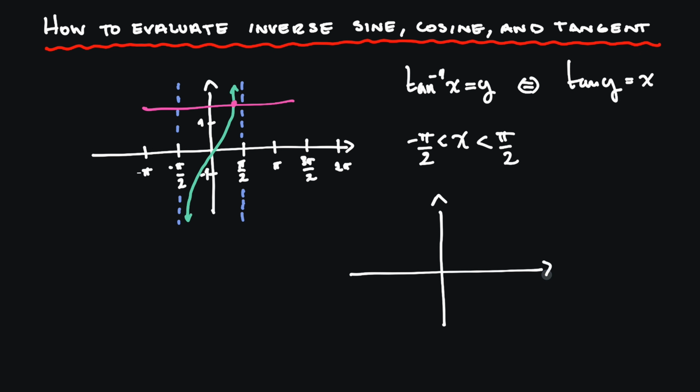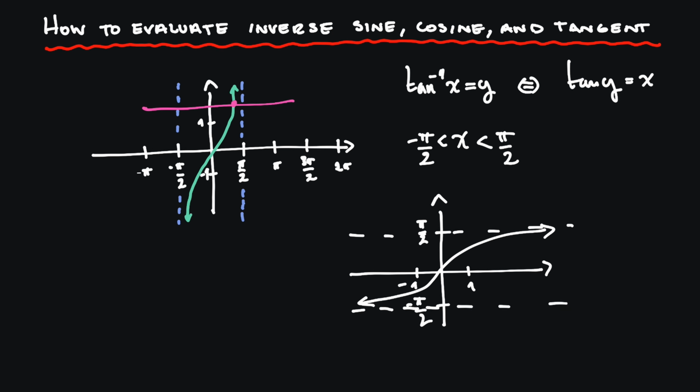Now, if you imagine the graph of the inverse, we're going to explain this further in another video. But if you imagine the graph of the inverse, then we will have pi over 2 here. We will have negative pi over 2 here. Then here we will have negative 1, and so on. And the graph should be something like this, right? If we try to graph the inverse, because now everything that was on the y-axis is going to be in x, and everything that was on the x-axis is going to be in y.